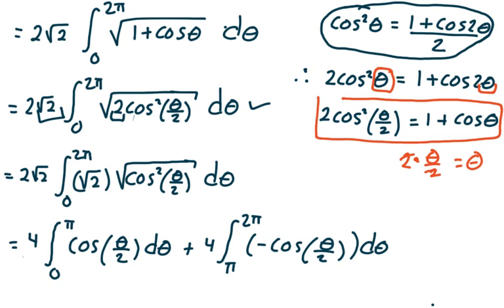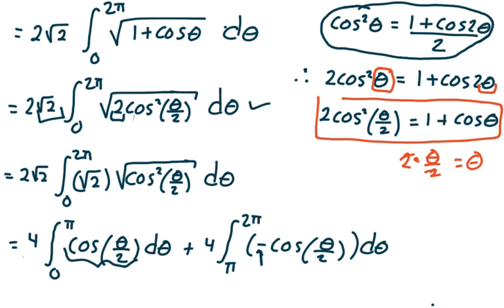But we have to be careful. On the interval from 0 to pi, cosine of theta over 2 is non-negative, right? On the interval from pi to 2 pi, cosine of theta over 2 is negative. And to counterbalance, we have to insert a negative here.